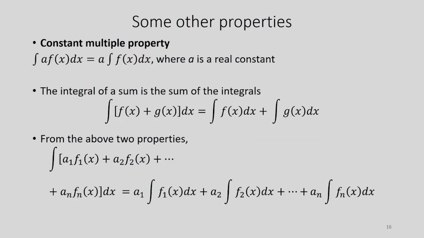Some other properties, what is known as the constant multiple property. So, here what is there in the integrand? You have a constant which is small a multiplied by a function of x, which is f x. So, if that is the integrand, then I can write this simply as a multiplied by integration of f x dx, where a is a real constant.